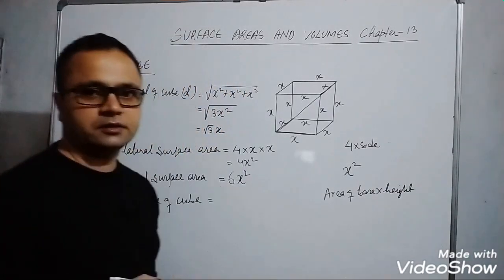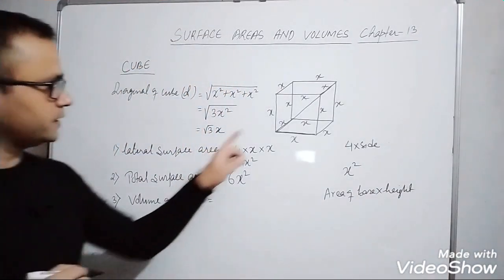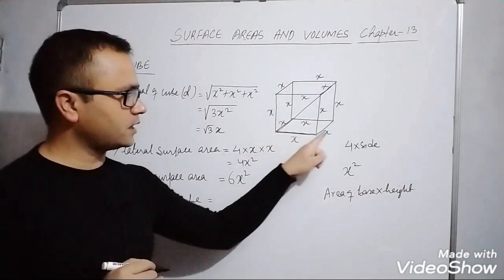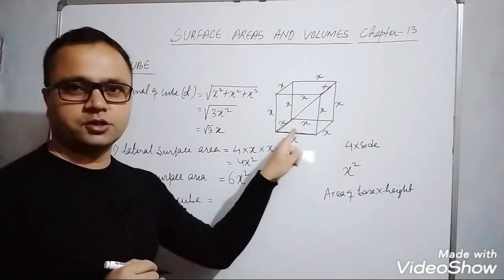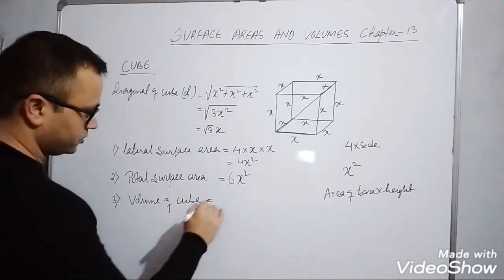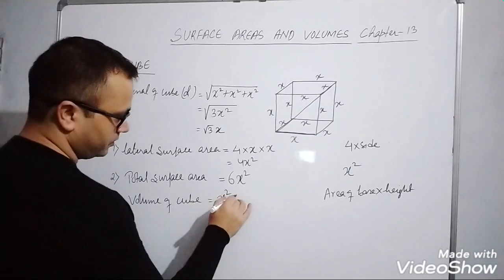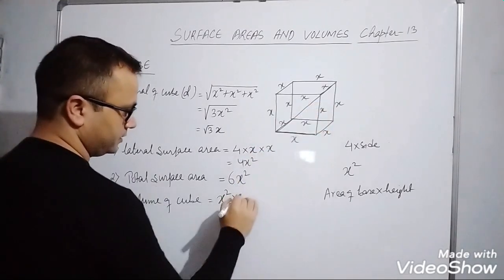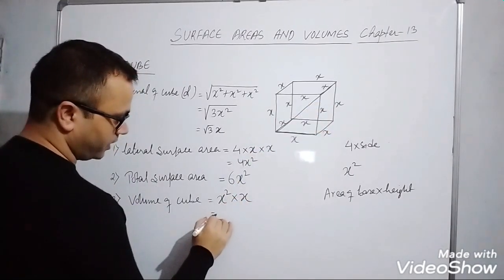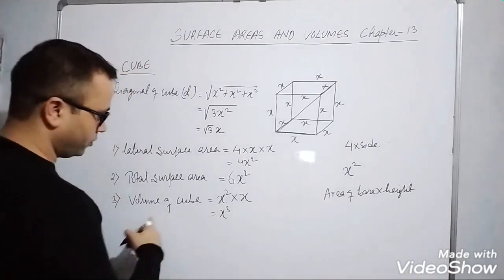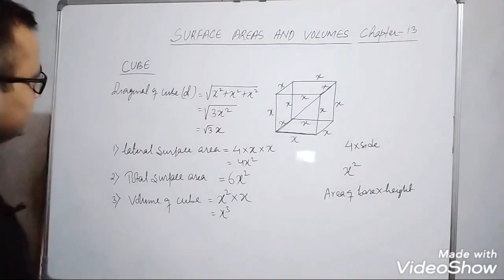What will be the area of base? Because the area of a square is side square, the area of base is side square. Now what is the height? Height is x. So x square into x is x cube. Now this is the volume of a cube. This is the case of a cube.